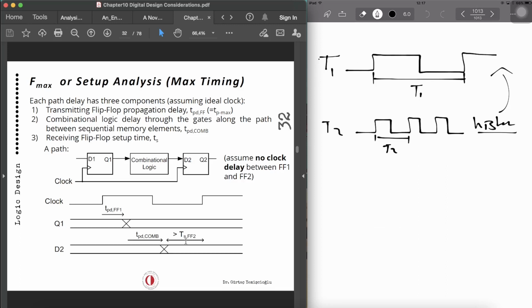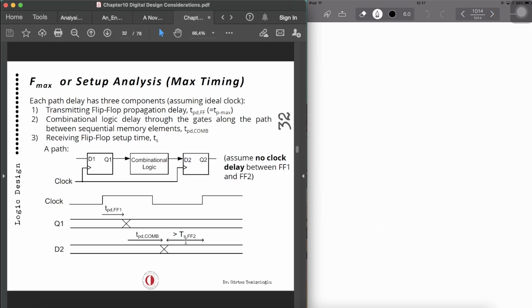Now, the setup equation is given as follows. Based on this, let's open a new page. The setup equation: we have the period of the clock, which we can call T period min, minus.